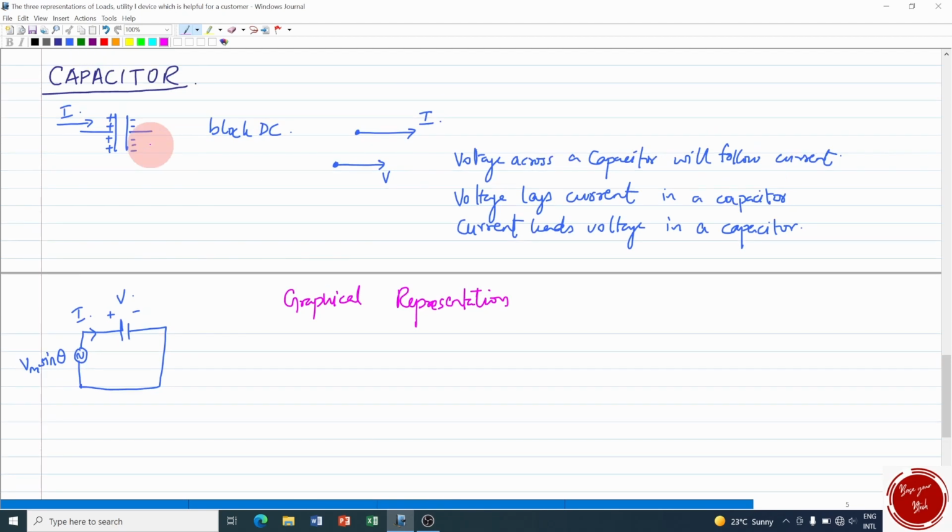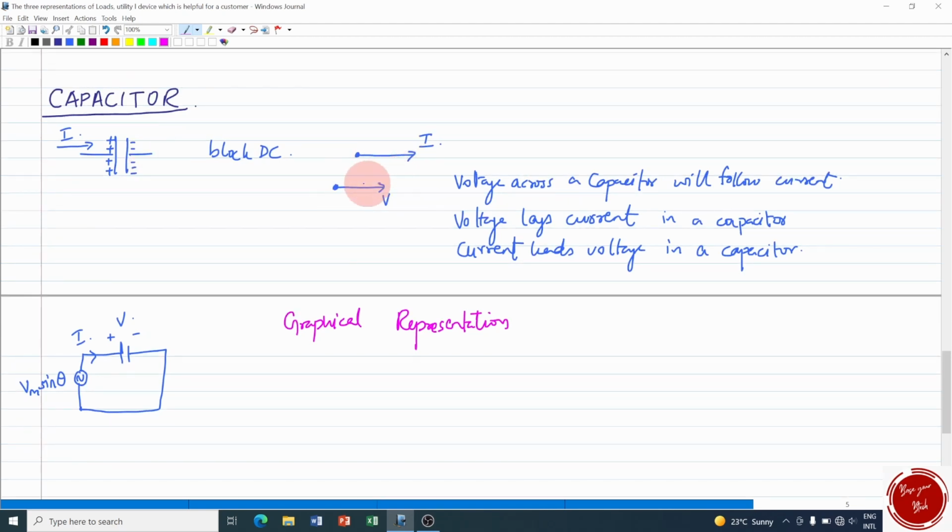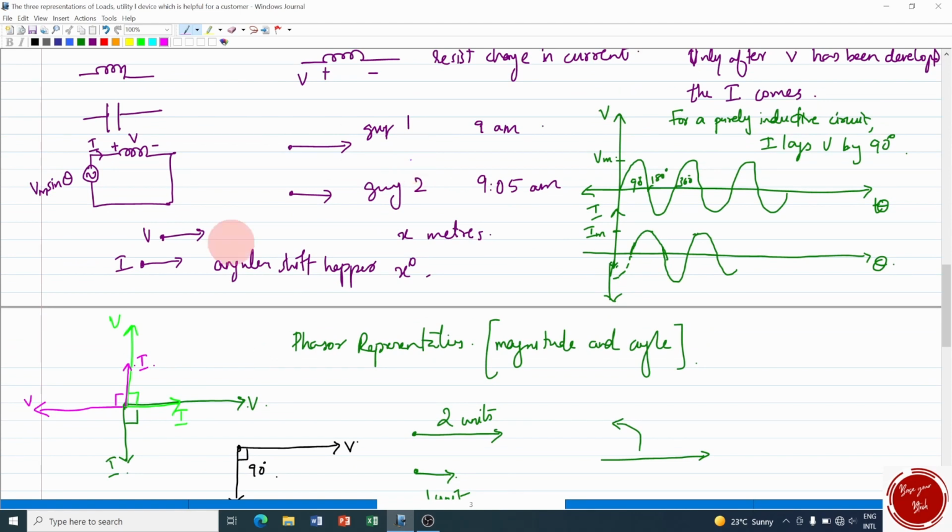See, I have explained while describing the inductor that it is similar to a running race between two guys, isn't it? One will start at 9 a.m. and another will follow him at 9:05 a.m. So when there is a starting difference or a time lag between two guys, there will definitely be a displacement shift also, isn't it?